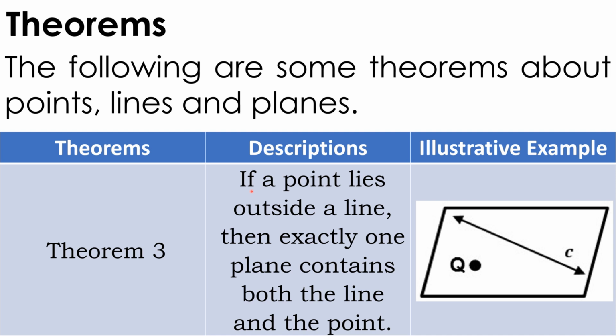Theorem number 3. If a point lies outside a line, then exactly one plane contains both the line and the point. So this is our illustrative example. When we have 1 point and one line, then this point and a line is contained in exactly one plane.